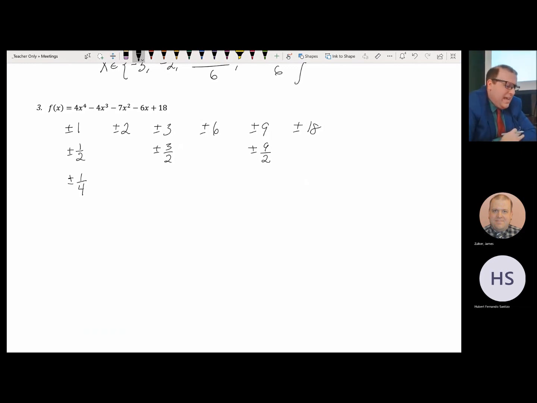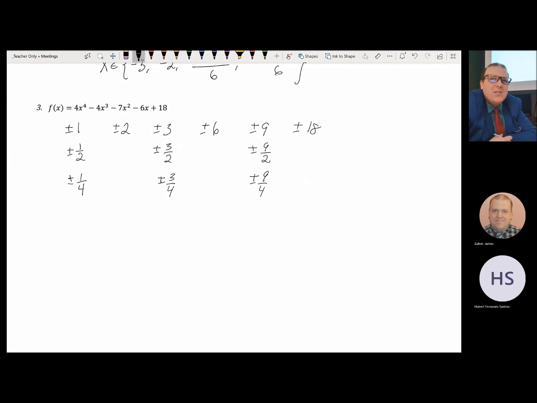Two over 4 is a half. That's already listed. 6 over 4 is 3 halves. That's already listed. 18 over 4 is 9 halves. That's already listed. So we get a quarter, 3/4, 9/4 as our new ones.